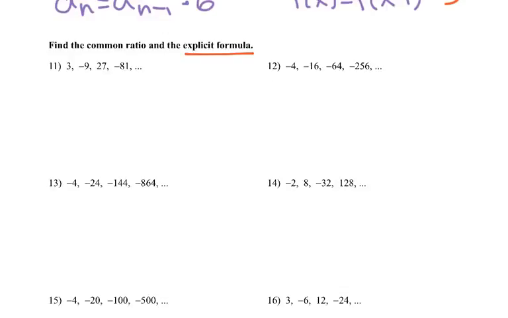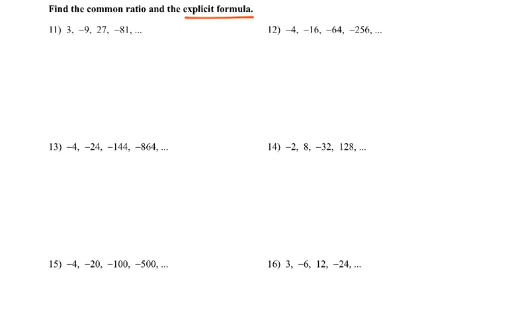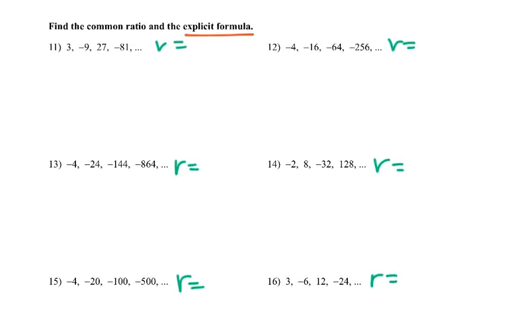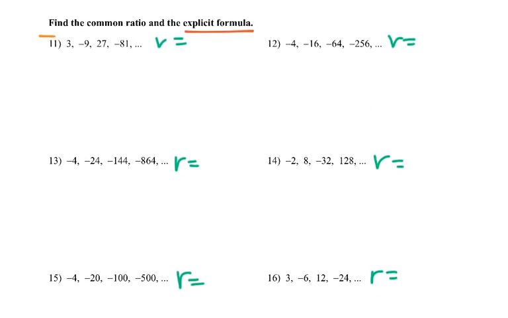All right, let's finish up by looking at these. So we'll get the common ratio, then we'll write the explicit. All right. Okay. So once again, I'd start off by making a table. And then that's my first, second, third, and fourth term.